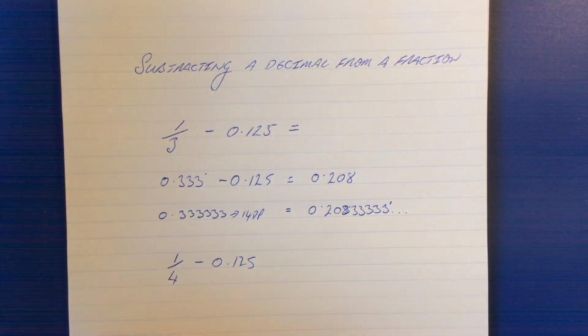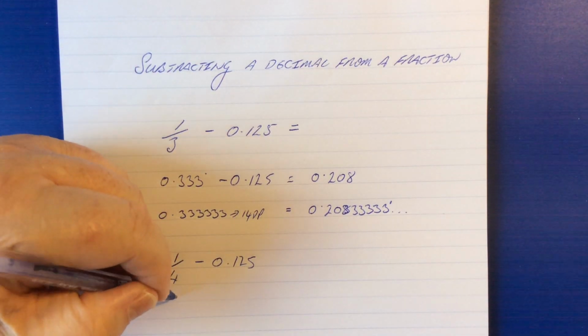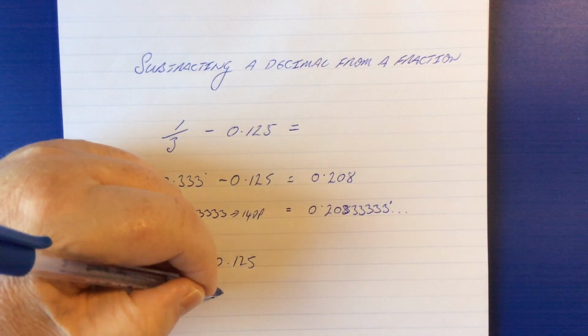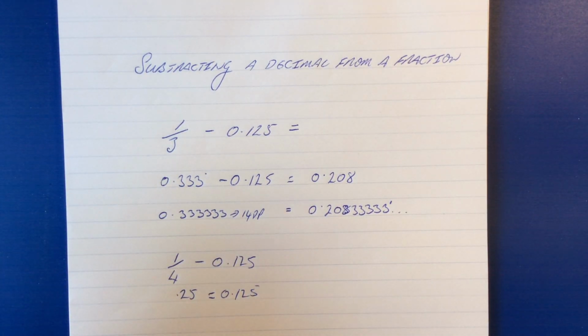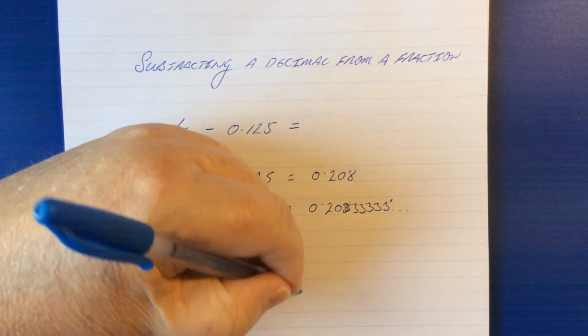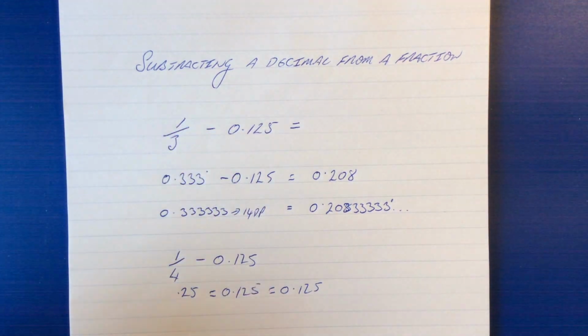So what we're going to do is we're going to turn a quarter into a decimal, and that's 0.25 minus 0.125, and we're going to get an absolutely accurate answer, and that is 0.125. That is absolutely accurate.